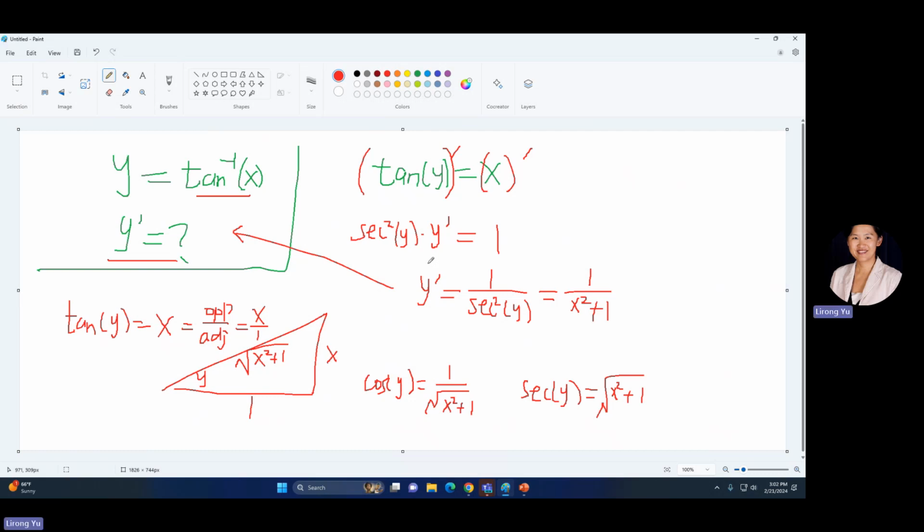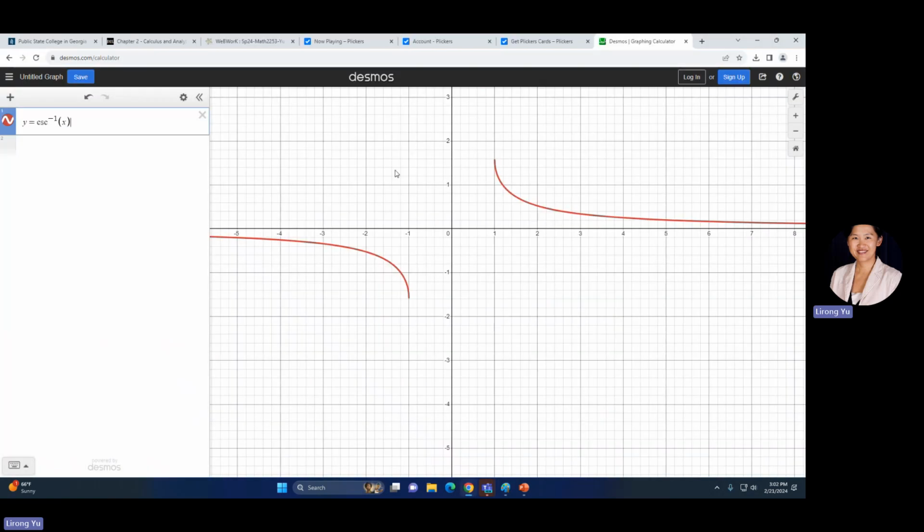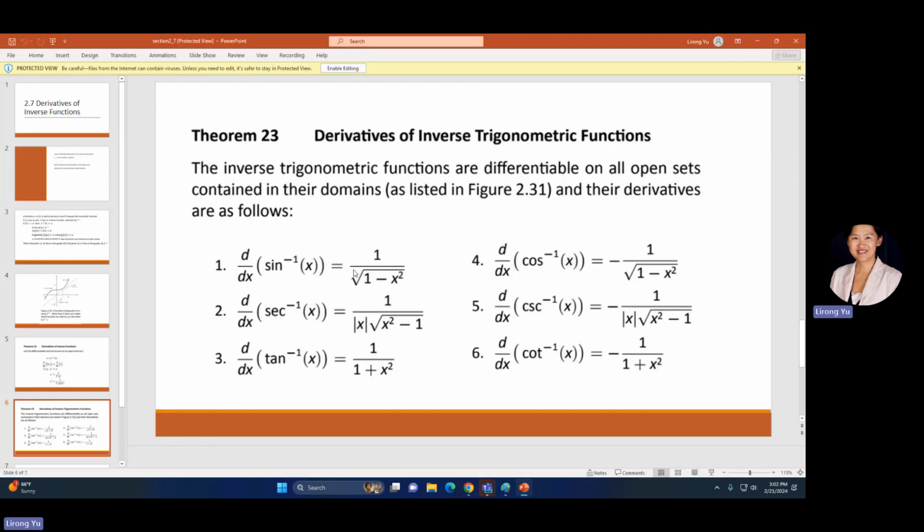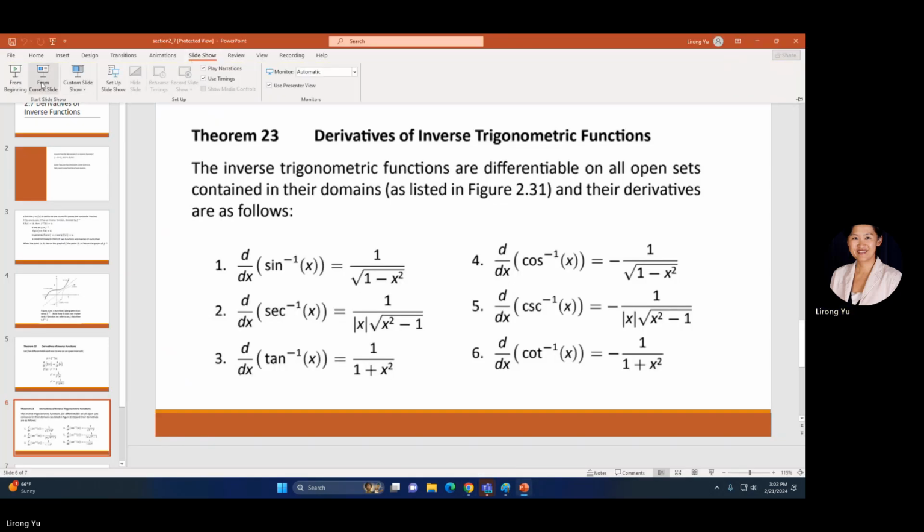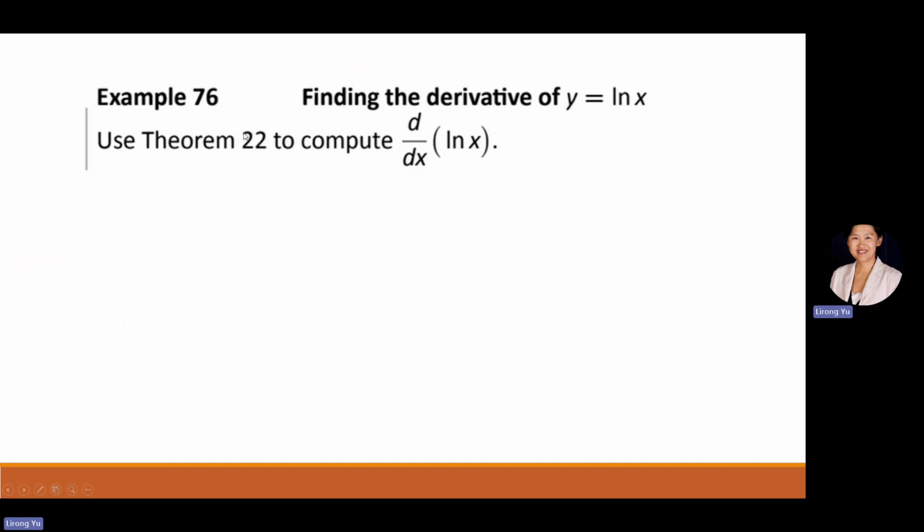The derivative of a logarithm is something totally different, right? The logarithm is 1 over x. But we should try to think about some of the common patterns. That way when you apply them, you will see the differences and similarities. All right, so that's a summary of all the trig and inverse trig differentiation.